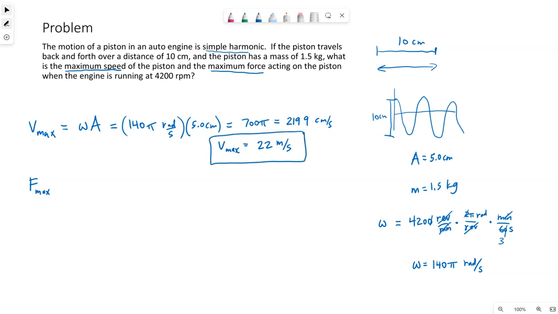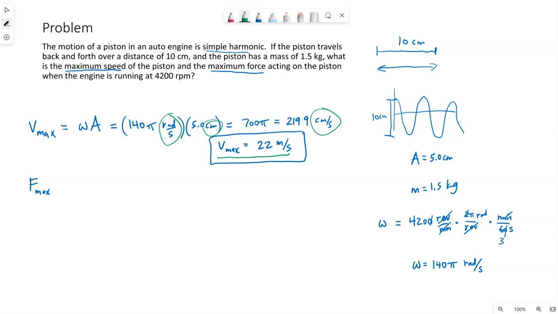Now again, the units, we have centimeters here and radians per second. That's where the centimeters per second comes from. The radians, remember, are not a true unit, so we can write them or not write them. We typically do not write them as part of the answer when we're talking about a speed. So the maximum speed of this piston would be 22 meters per second.